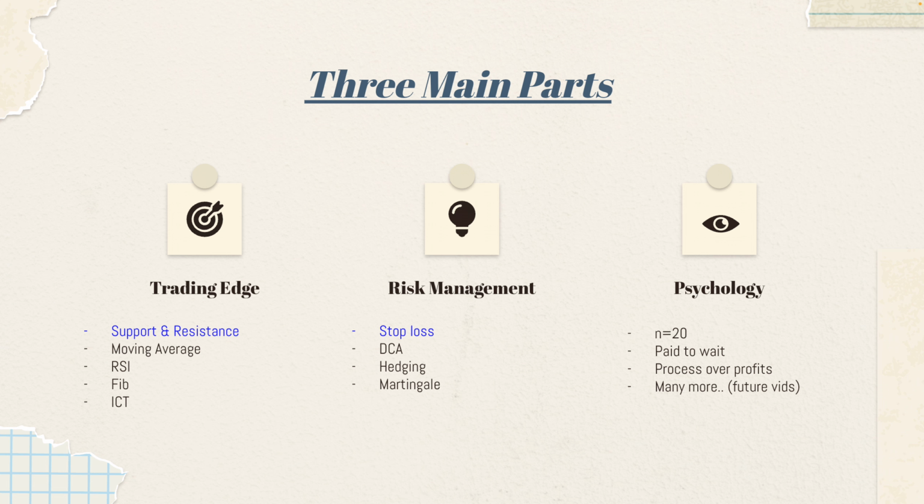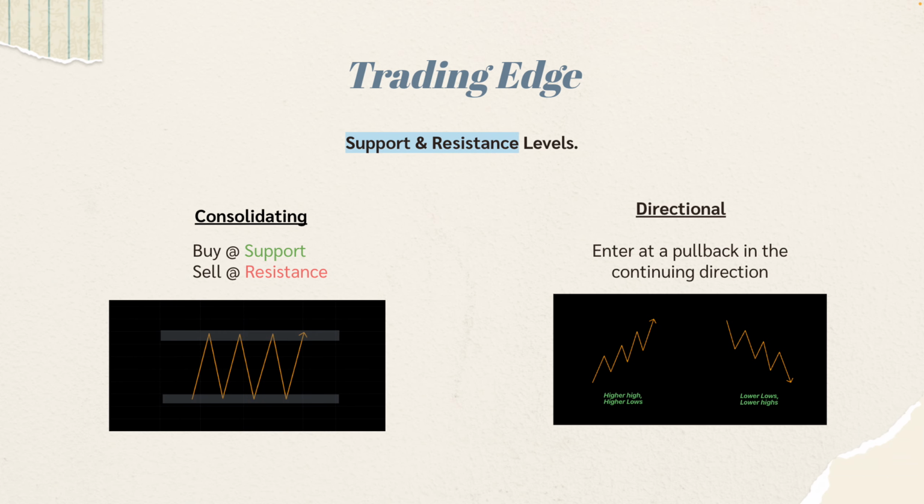First, let's start off with the trading edge. This is where most of the trading videos on YouTube focus on, but it's only one part of the puzzle. Your trading edge can be defined as a subjective system that you've built where at certain points the price is more likely to do one thing over the other, and you can use one or multiple indicators to do this.